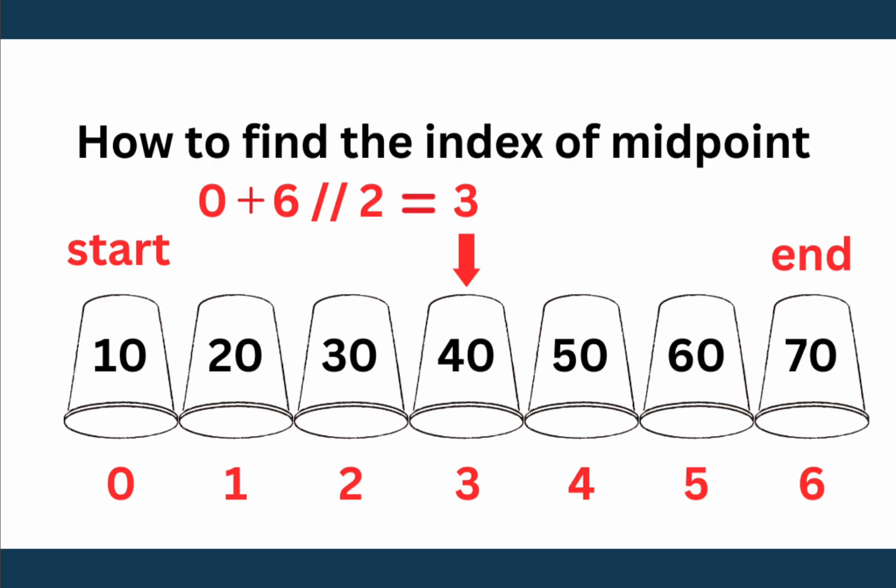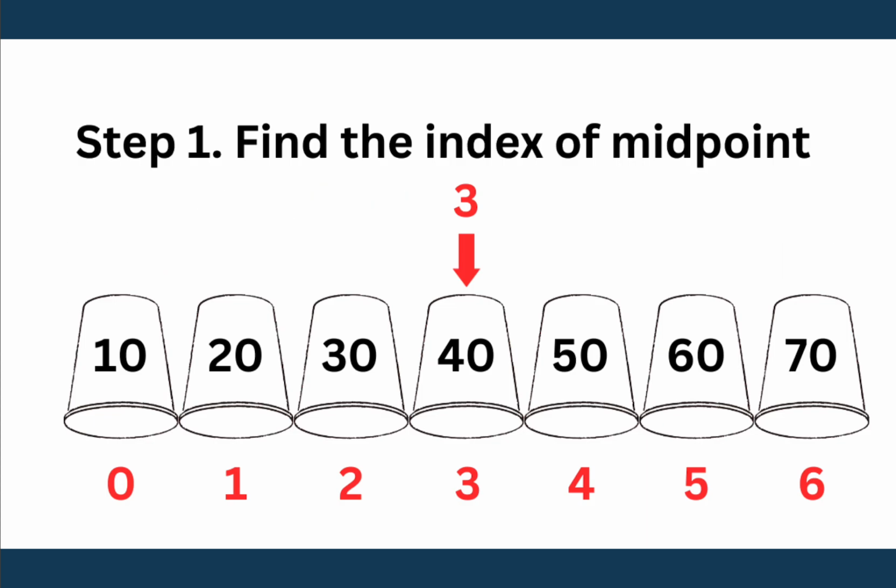So in this case, one more time, I take the index of the first item, which is 0. I take the index of the last item, which is 6. 6 plus 0 is 6, divided by 2, 3. So you see, I can find the midpoint by index 3.